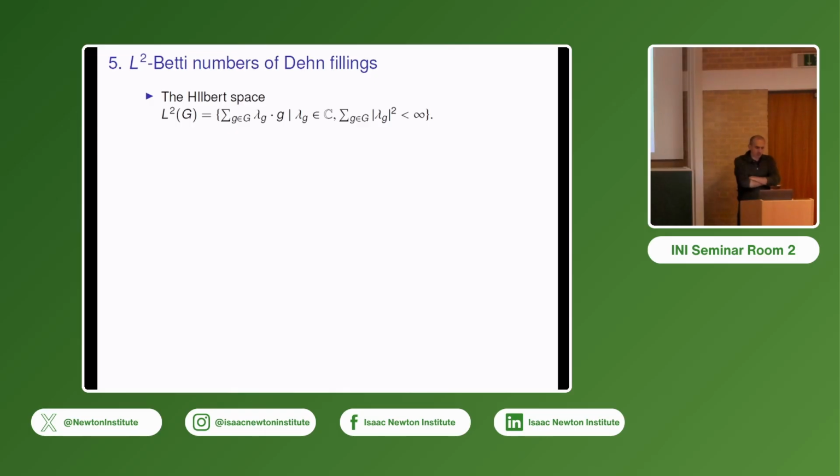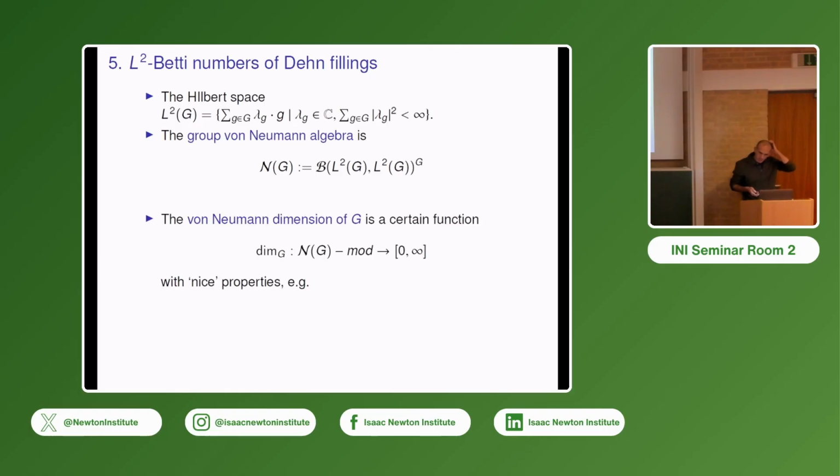L2 of G is the Hilbert space of square summable functions on G. The group von Neumann algebra is the subspace of the bounded linear operators on L2 G generated by the left regular representation. And there's this von Neumann dimension on NG, which is kind of a trace-like function on NG modules. So NG is a ring. We think about modules over this ring purely algebraically.